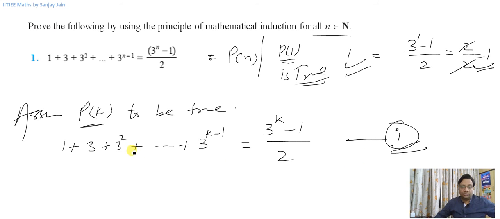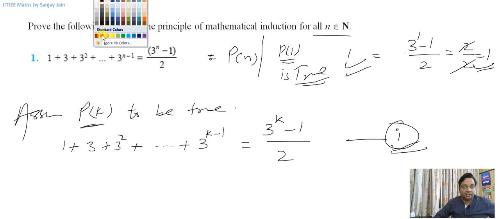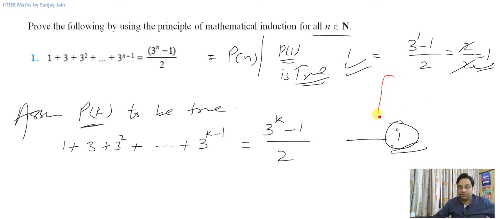Right? So now you need to keep in your mind your objective. What is that? It is that 1 plus 3 squared plus up to, you need to go up to 3 raised to power k, because this was k minus 1. So if you replace this k with k plus 1, you will reach 3 raised to power k.